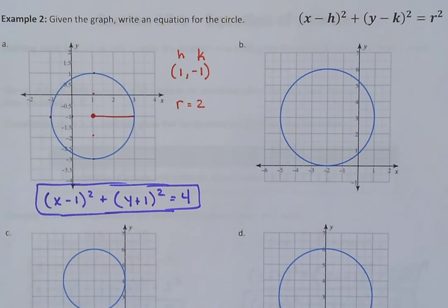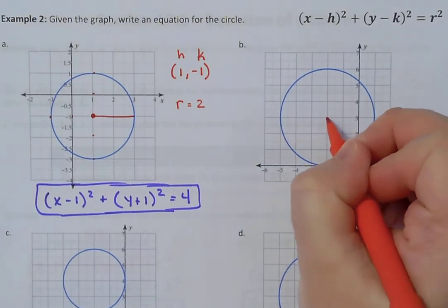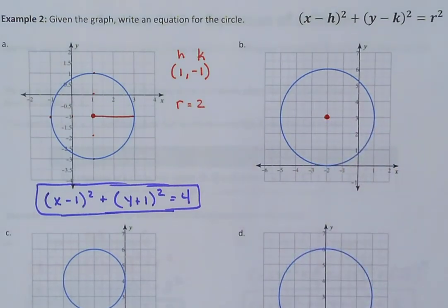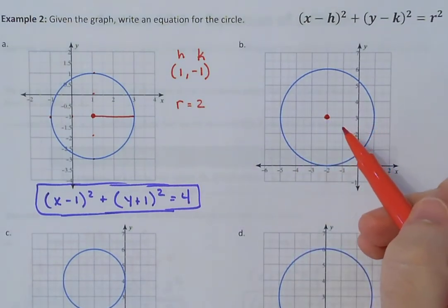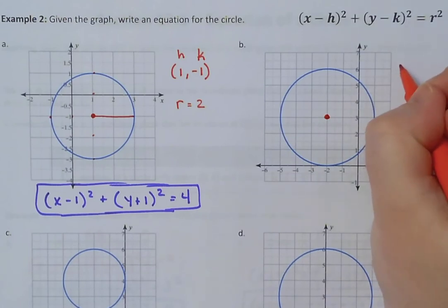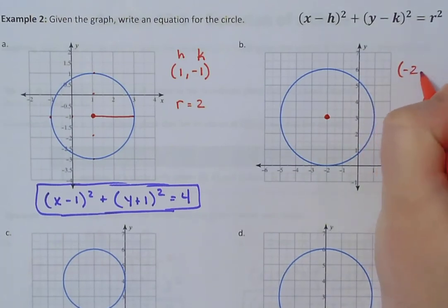All right, so with that said, let's take a look at another one. Let's look at B. For part B, our center is going to be right here. So that is the center, and that center is at (-2, 3).